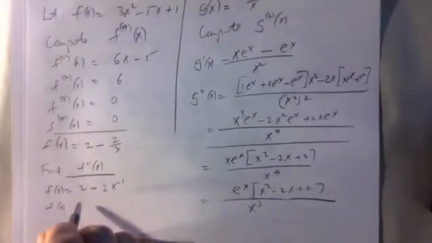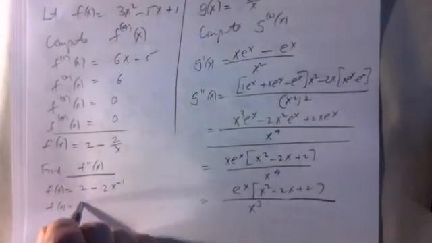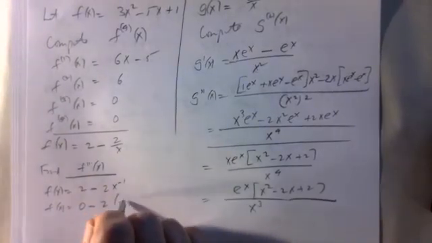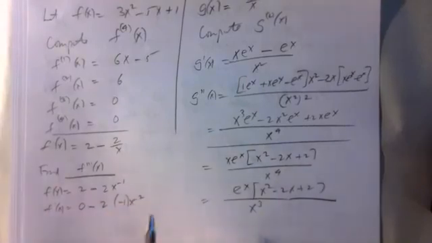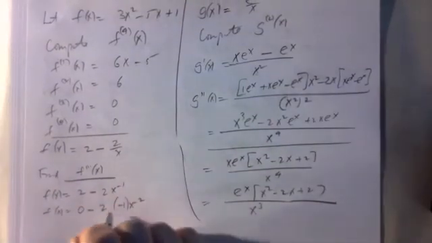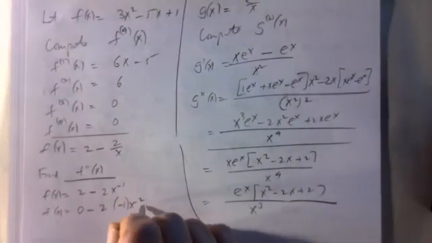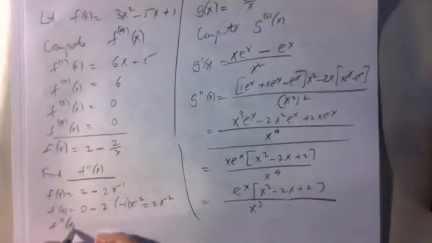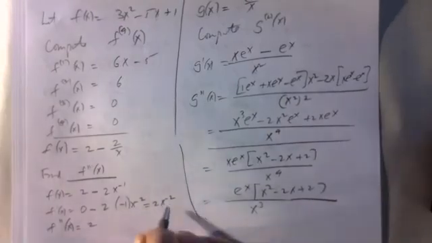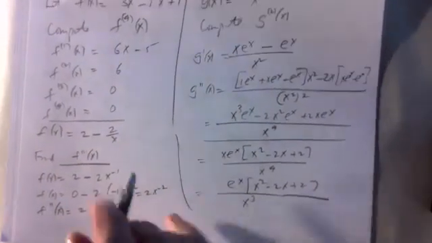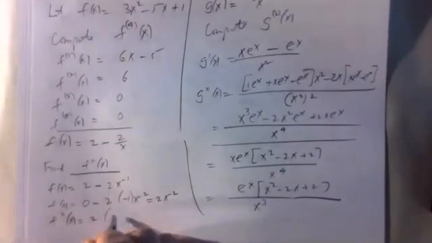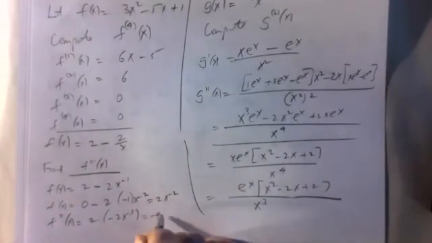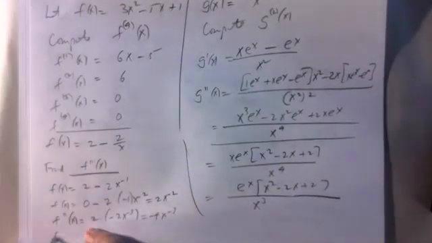So the first derivative: the derivative of 2 is 0, and the derivative of x to the minus 1 is minus 1 times x to the minus 2. Minus times minus is plus. This is 2x to the minus 2. The second derivative is 2 times the derivative of x to the minus 2, which is minus 2x to the minus 3, so minus 4x to the minus 3.